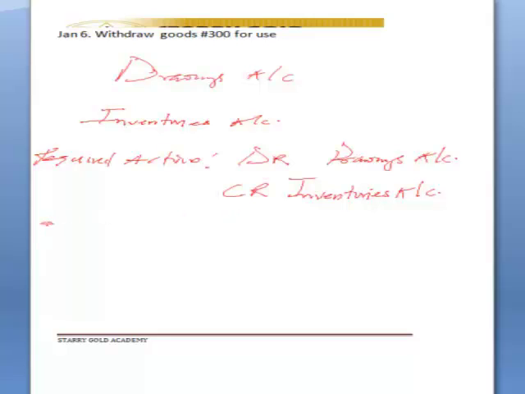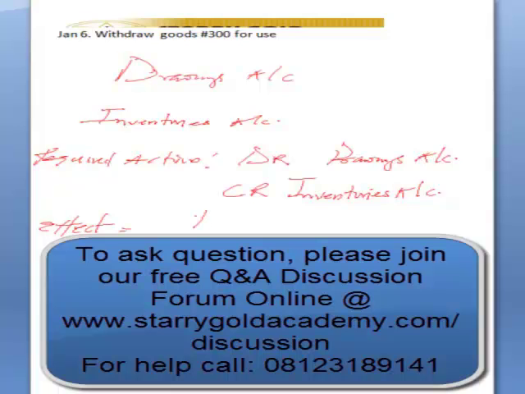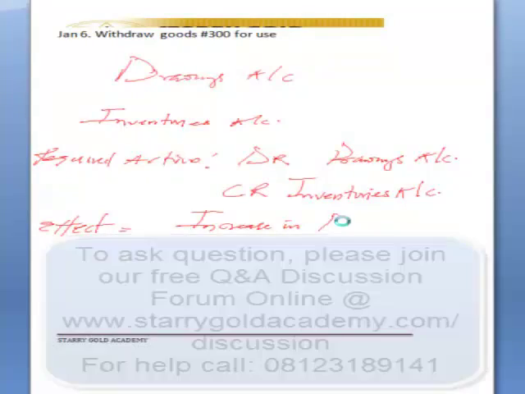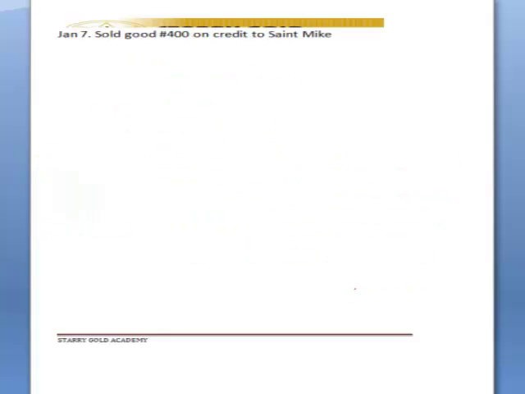The effect of this transaction is that there is an increase in drawings, and there is a decrease in inventories.